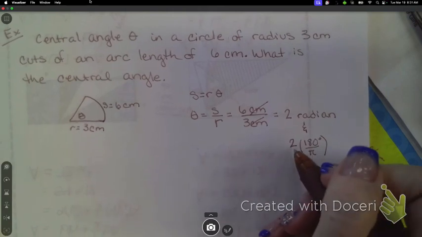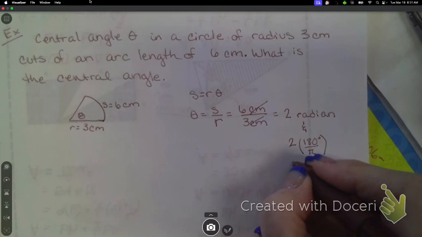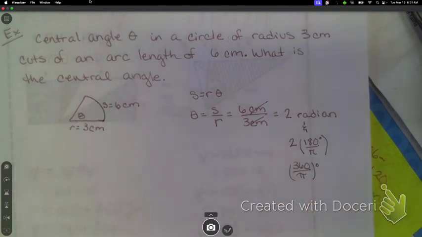We just don't see it. It's just been simplified out. So without a calculator, I think I get 360 over pi degrees. Okay. So without a calculator, that's what I get, which is completely fine.